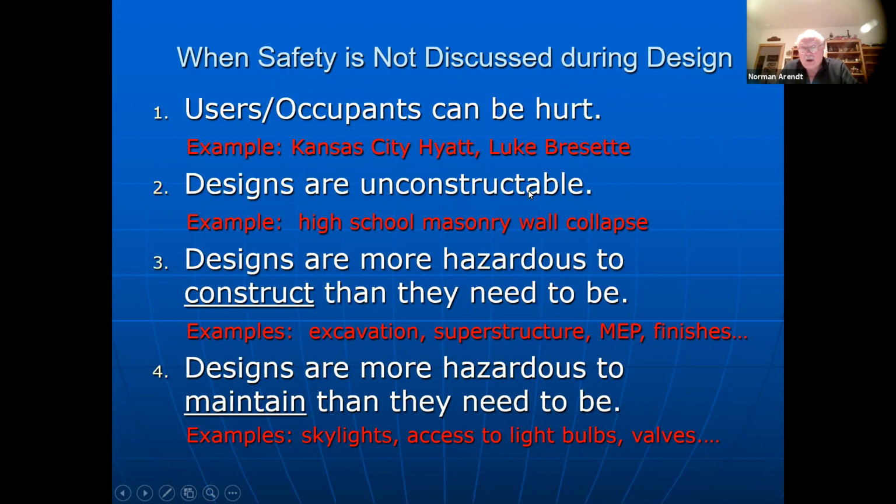Designs are unconstructible. I've seen many masonry walls collapse that were not supported or went too high as per the design, which is just prone to fail.